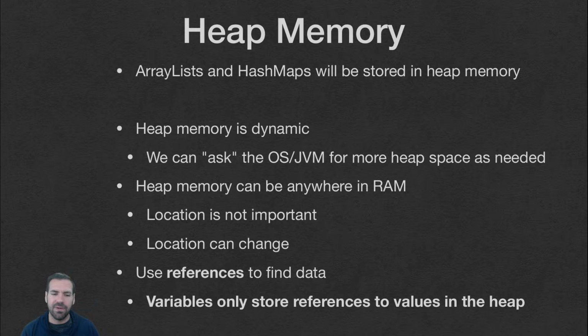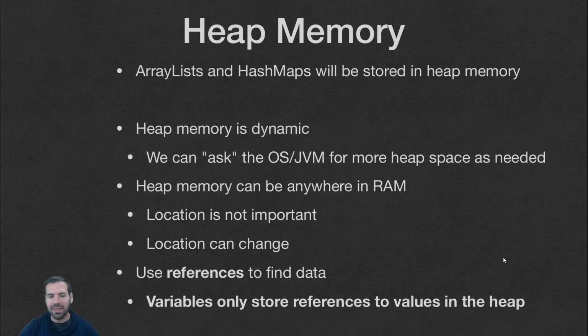They said, here's where you can find the space. In our memory diagrams, that's going to look like 0x100, 0x200. Those are the references where the operating system found memory for us when we asked for heap space. So we only store these references in our variables, which is the location of the memory that the operating system gave to us.